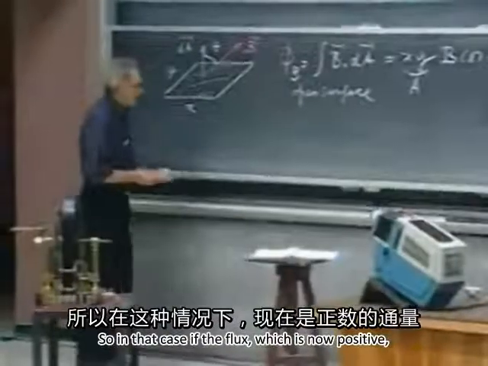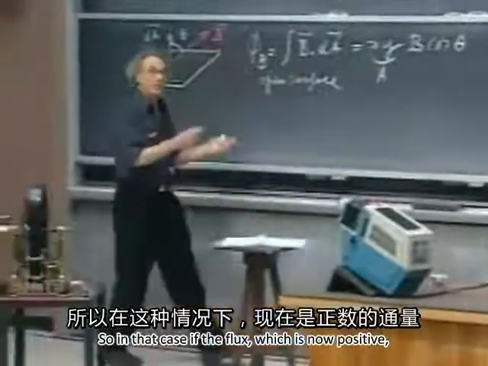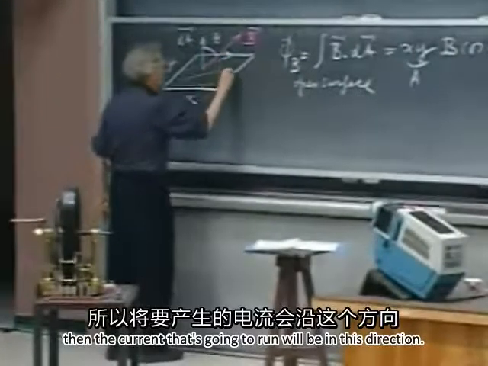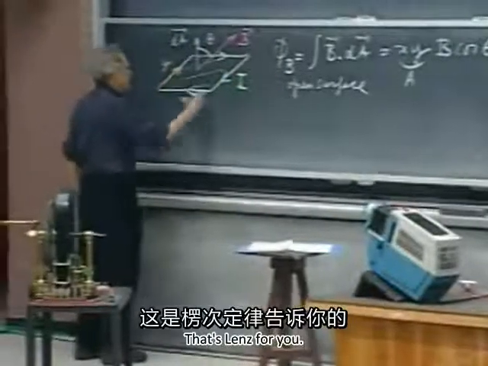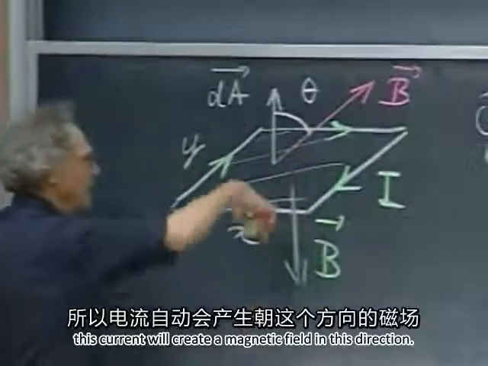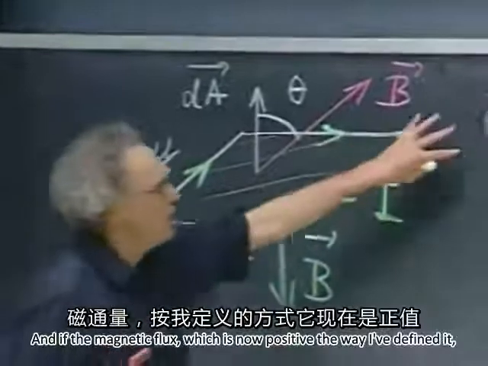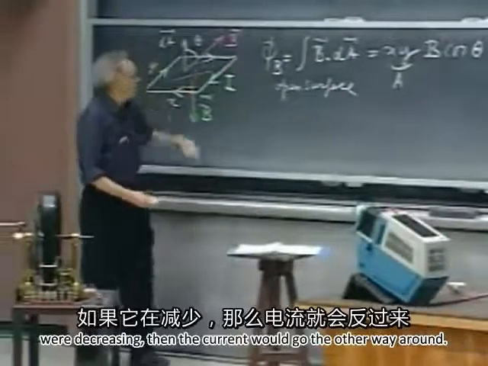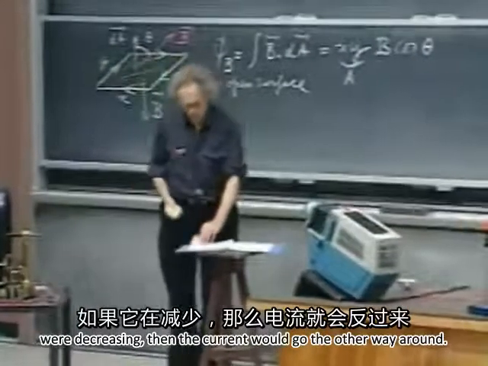So in that case, if the flux, which is now positive, is getting larger positive, then the current that's going to run will be in this direction. That's Lenz for you. So this current will create a magnetic field in this direction. And if the magnetic flux, which is now positive, the way I've defined it, were decreasing, then the current would go the other way around.